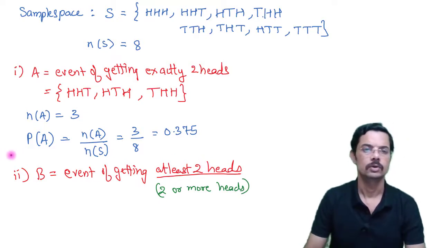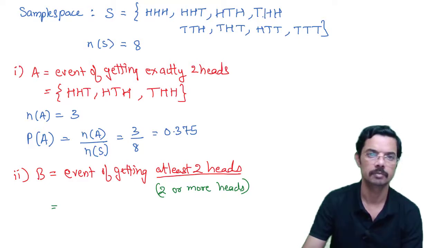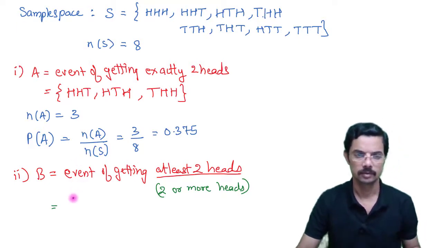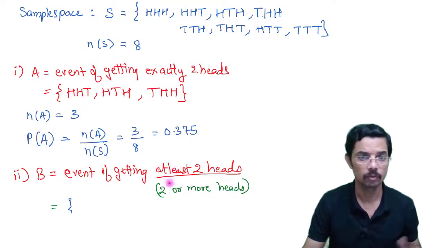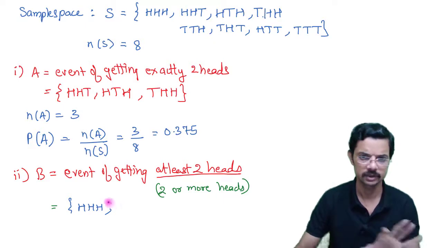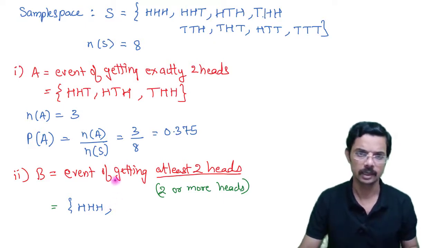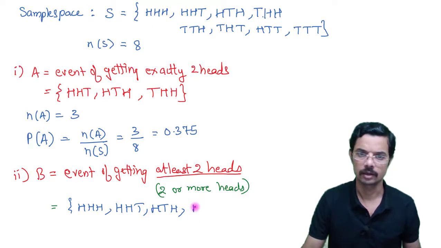So which are the elements here? Let us write down the elements. The elements are 2 heads or more heads. Here we have all 3 heads, possible in this case. Then we have head, head, tail, then head, tail, head, and then tail, head, head.